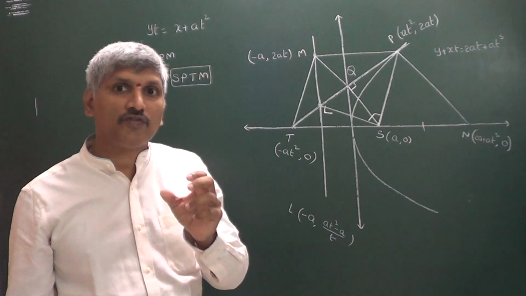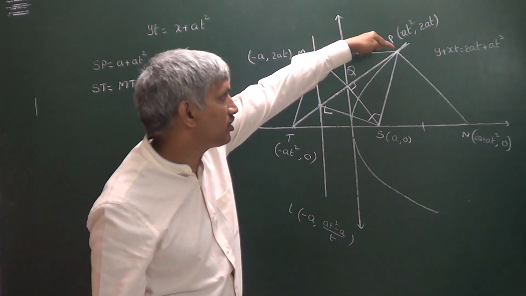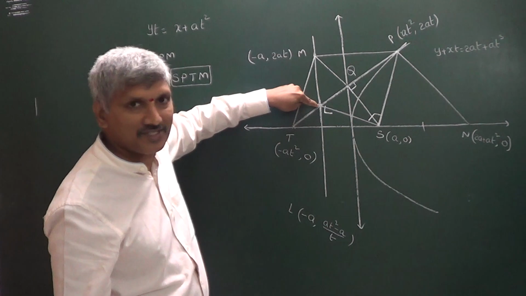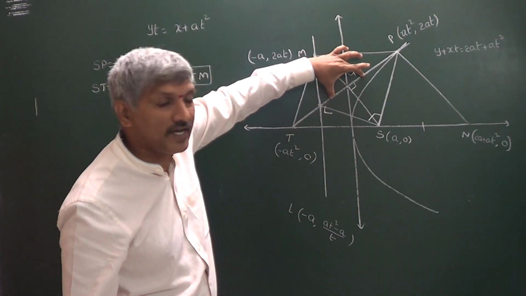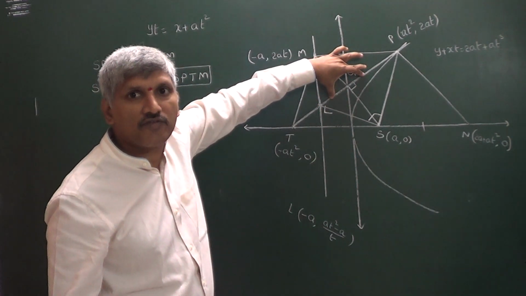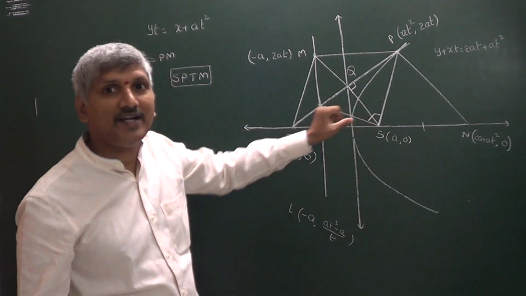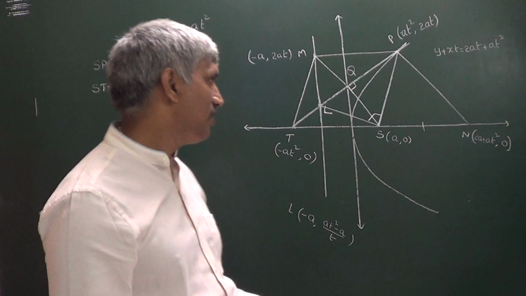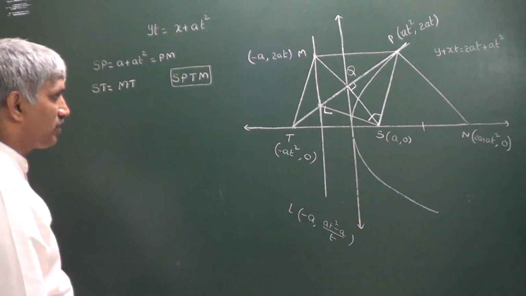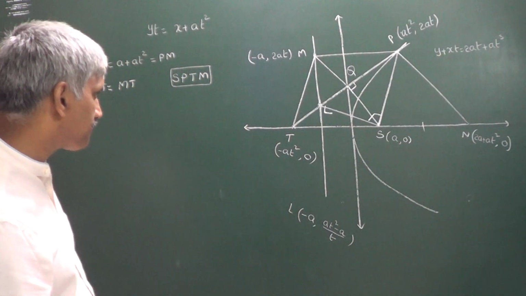The portion of the tangent between the point of contact and directrix subtends 90 degrees at focus. So that is one more important observation you can see here.